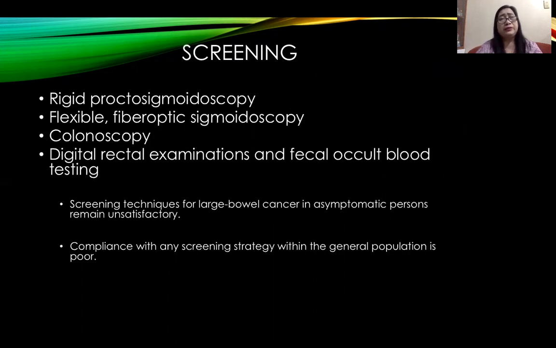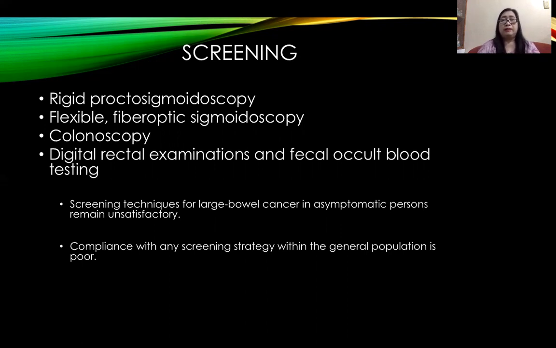So what are the screening procedures that we use in the diagnosis of colorectal cancer? We can use rigid proctosigmoidoscopy, flexible or fiber optic sigmoidoscopy, which we are now using, but more often now, what we really use is colonoscopy.